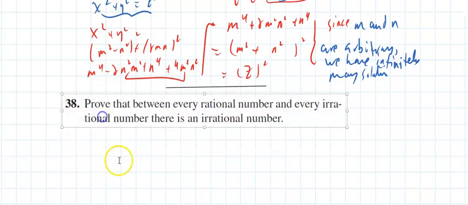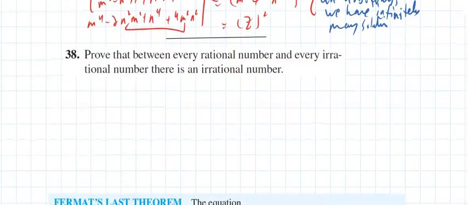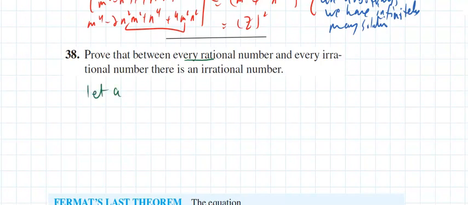All right. How about this problem? It says, prove that between every rational number, let a be rational, and every irrational number, let x be an irrational number, there is an irrational number.